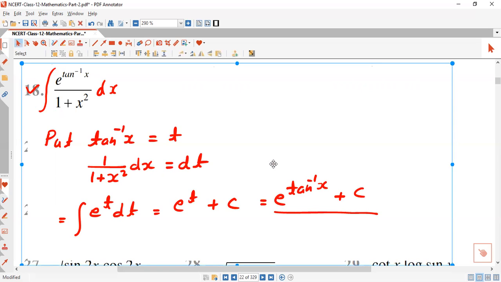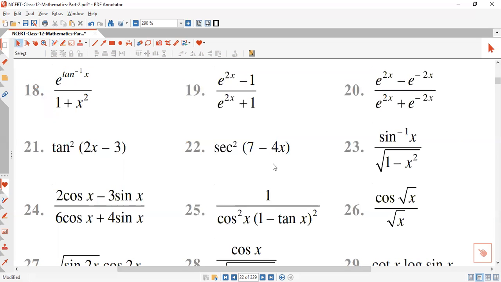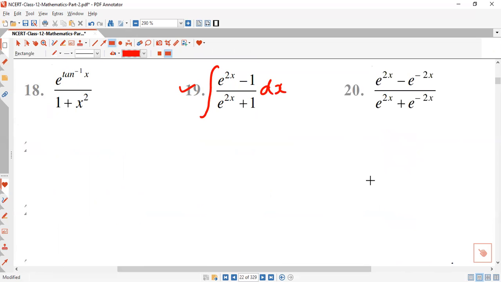Now we are doing this question number 19. You see this question number 19, e raised to 2x minus 1 upon e raised to 2x plus 1. Want to do the integration. See, first of all, we have to remove the denominator. So let's say in this function, e raised to 2x minus 1, e raised to 2x plus 1.